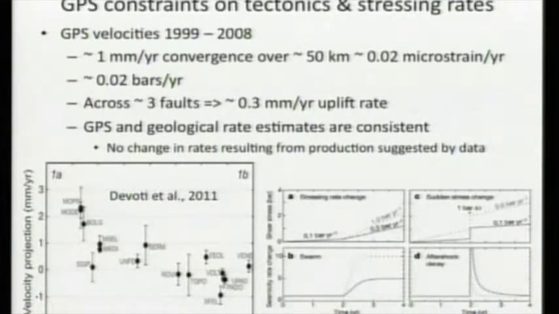The rate of 0.3 millimeters a year from geodesy corresponds well to the estimates of the rate of deformation from geology. So we have agreement on geologic timescales of, say, 500,000 years and geodetic timescales of 10 years that the strain accumulation is basically going on at the same rate. There's no recent acceleration or deceleration in strain rate. So we think that we have a pretty good constraint on what this background stressing rate is, and it's 0.02 bars per year.